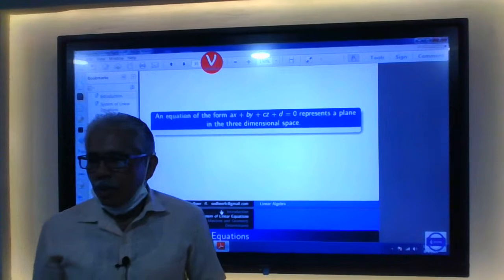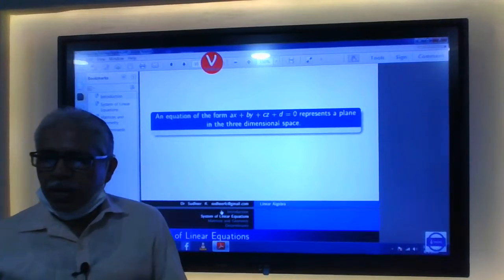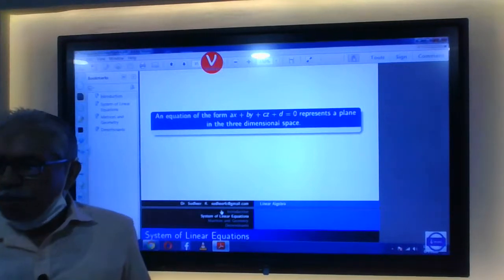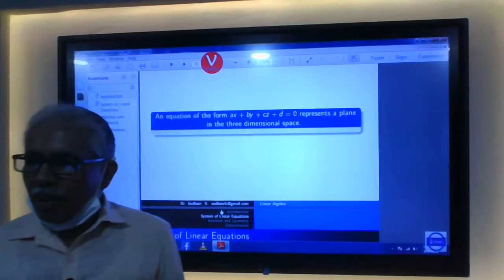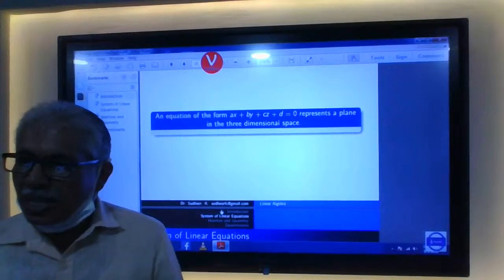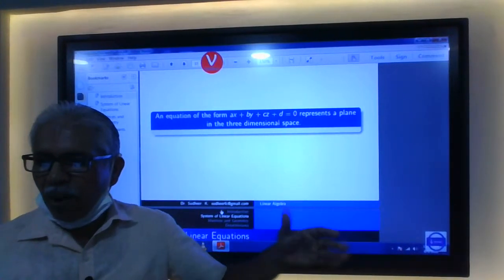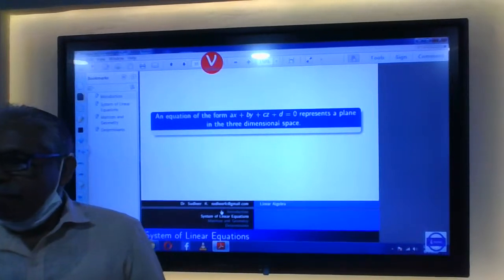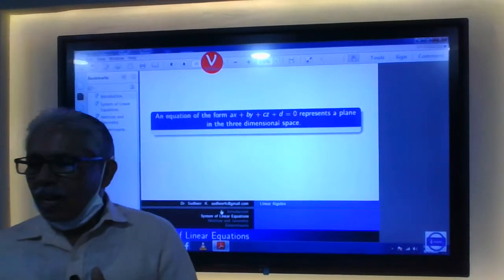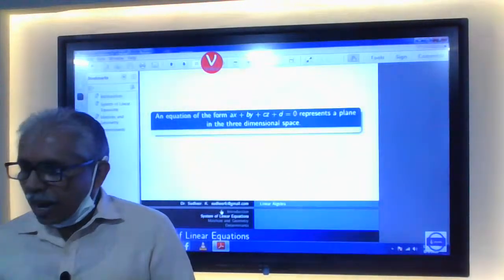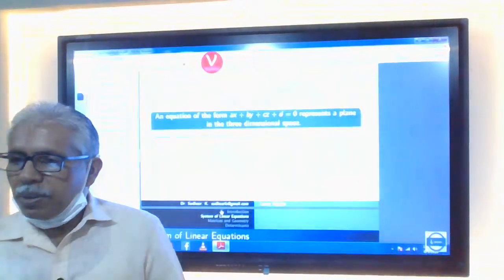That means you have one point common to all three planes. If you write the equations of the floor, one wall, and the other wall, you get three linear equations. They form a system, and that system has a unique solution.